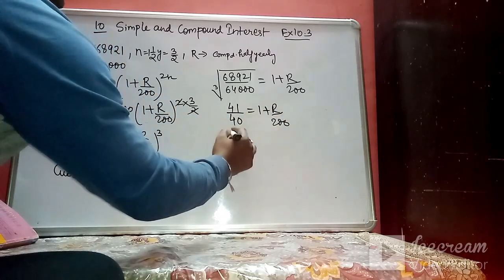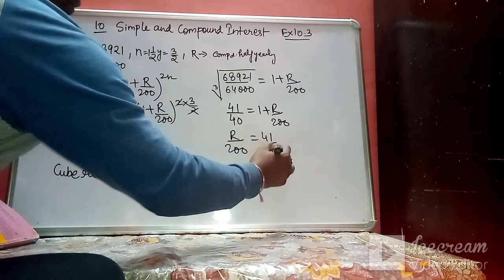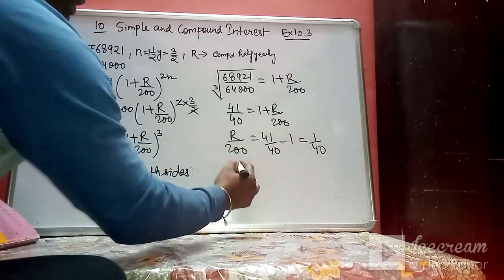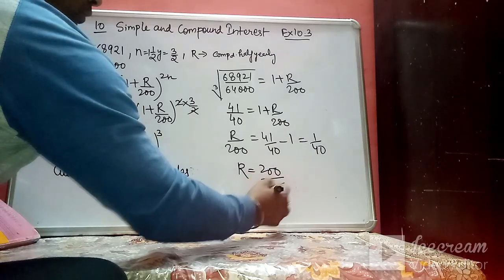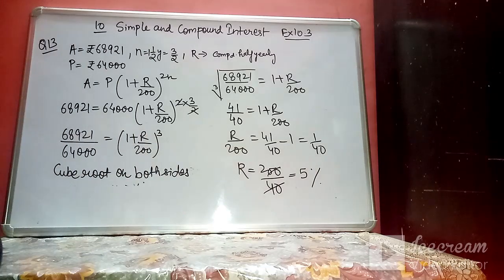Now R upon 200 will be equal to 41 upon 40 minus 1, that is 1 upon 40. So what is rate? Rate will be 200 upon 40, that is 5%.